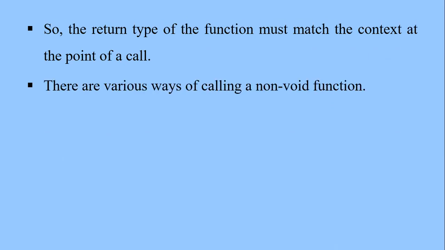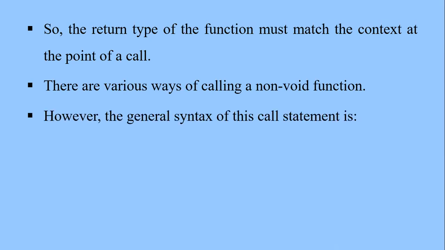There are two ways of calling a non-void function. However, the general syntax of this call statement is as follows: variable equals name, then passed arguments, semicolon. In other words, this statement says go to the function called name and take to it the following values, the passed arguments.